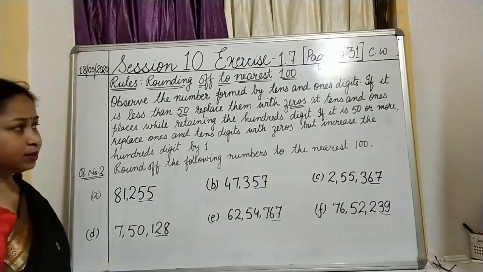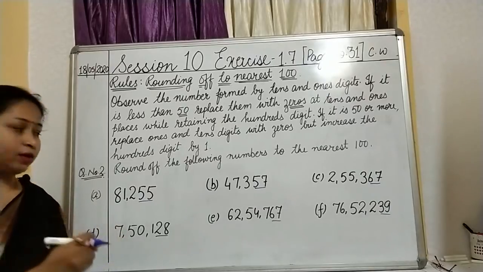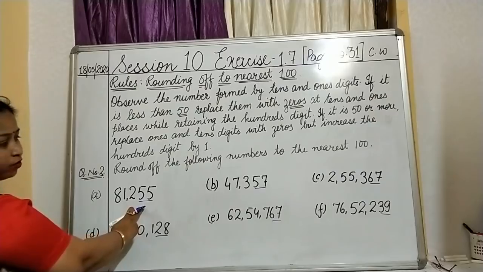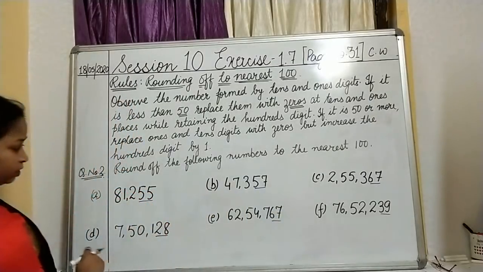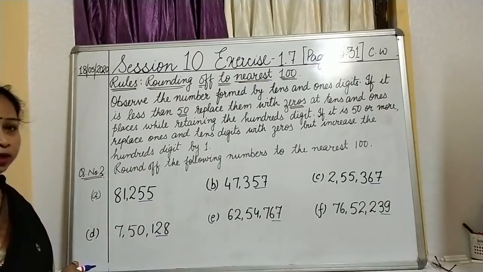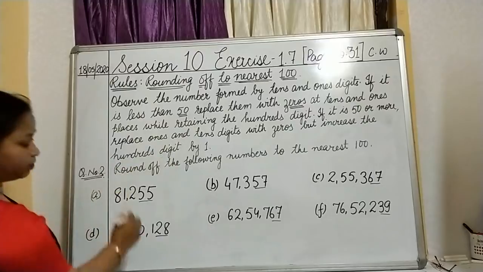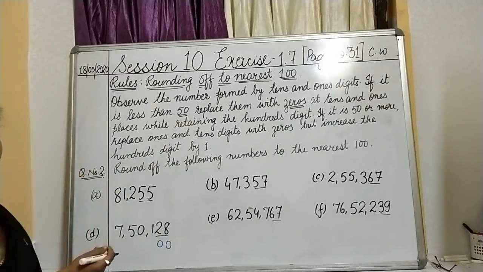Now let us see which are the numbers where it is less than 50. 55 more than 50, 57 more than 50, 67 more than 50, 28 yes less than 50. What we have to do over here? We have to replace them with zeros. Okay, any other one?